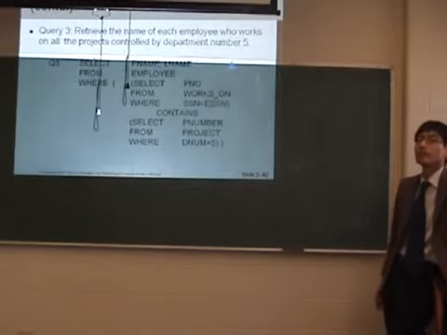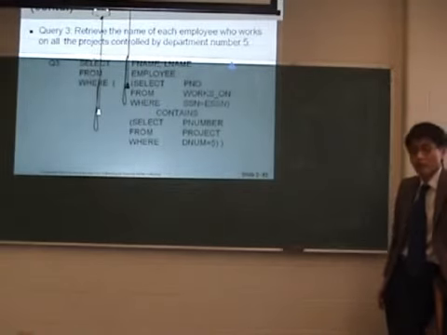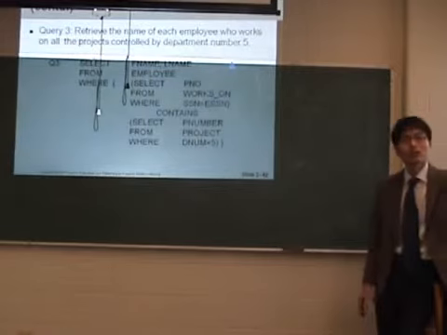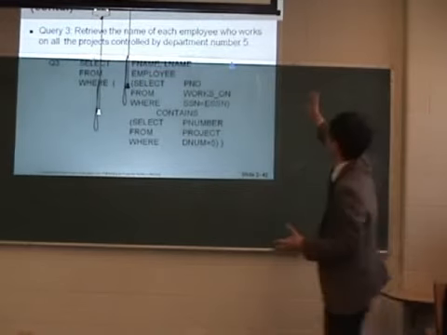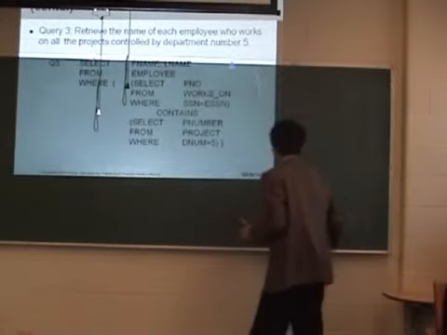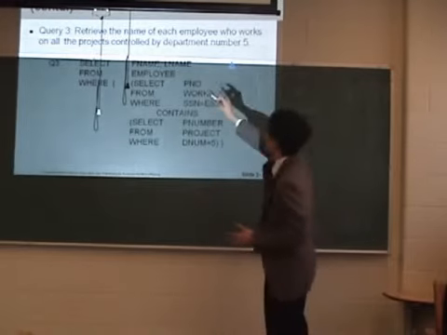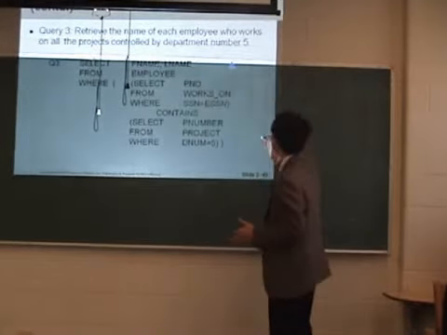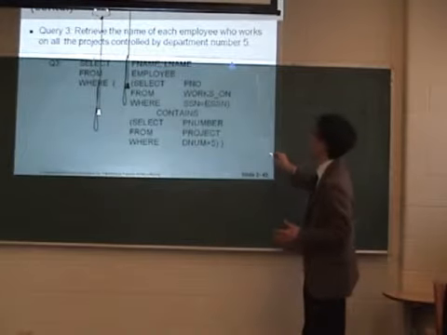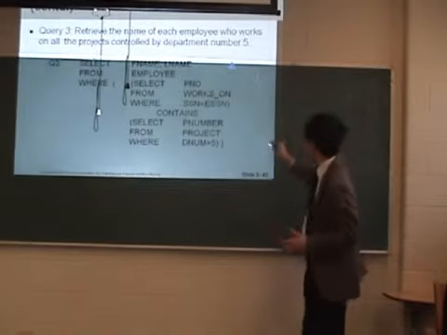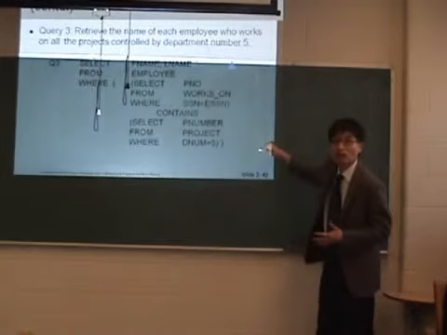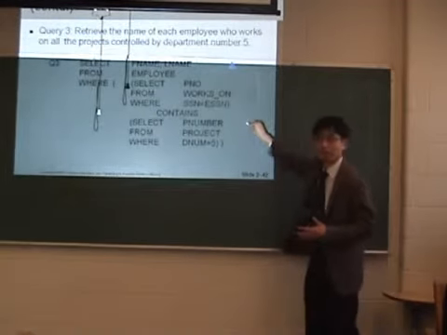You can implement this in relational algebra with division. Can you remember division? For example, what are the project numbers controlled by department 5? Say P1, P2. We try to find all employees who work for at least P1 and P2. It's a divide by P1 and P2.